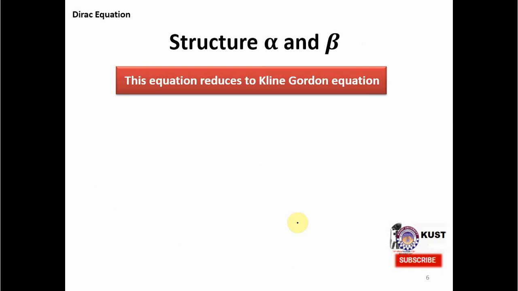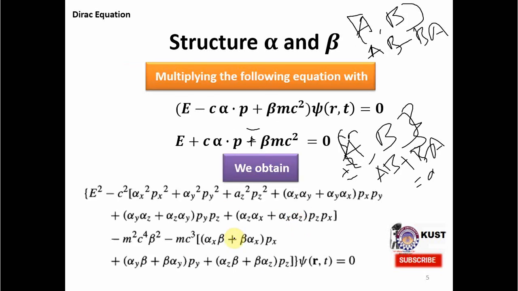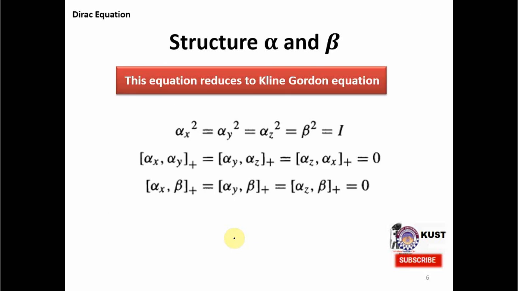So this equation reduces to the Klein-Gordon equation if we put the square of the alpha components equal to identity, and we also put these anti-commutators of alpha x, alpha y, alpha z, and the anti-commutators of alpha with beta, equal to 0.